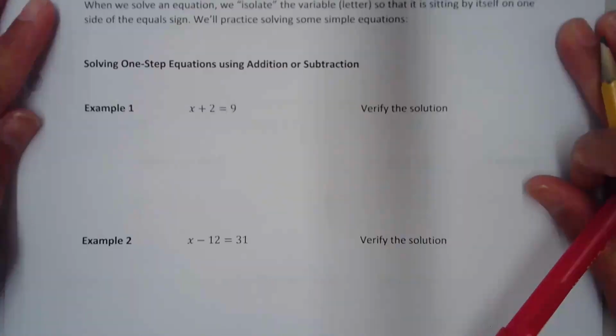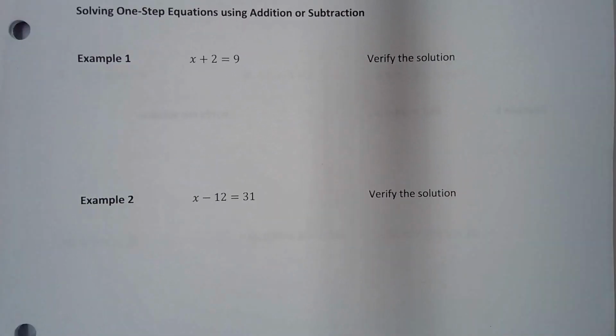Can I move it? Okay, I'll put it back if you're not done. And we're going to start with a baby step, and that's what I like about this, the baby step, the one-step equation. So example number 1 says x plus 2 equals 9. All of us, I'm sure, know what the answer is.